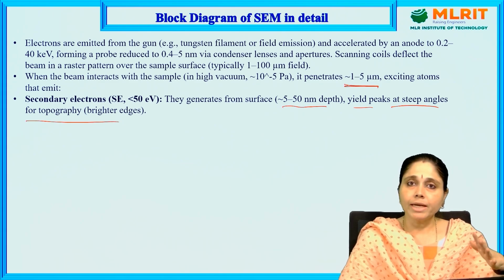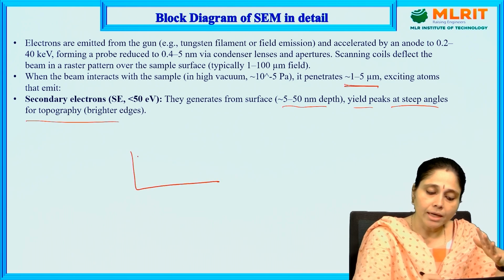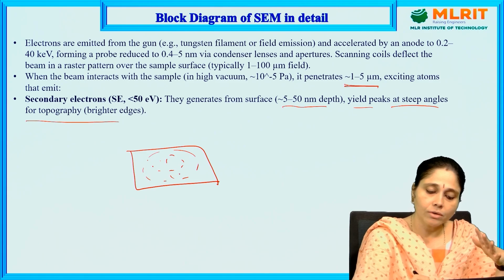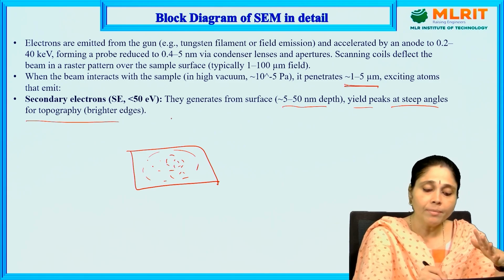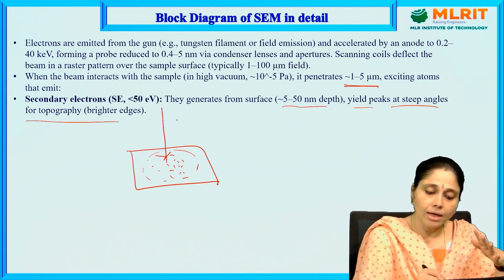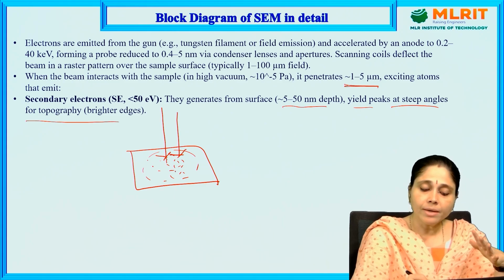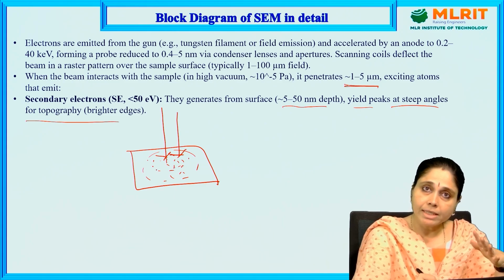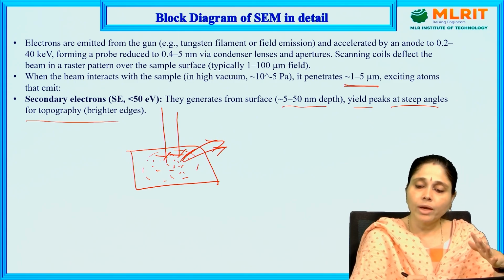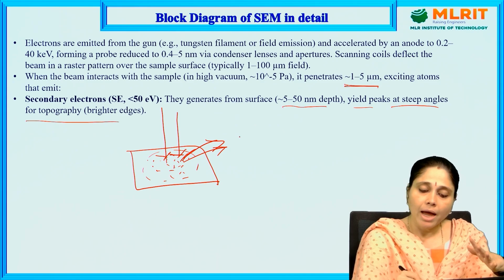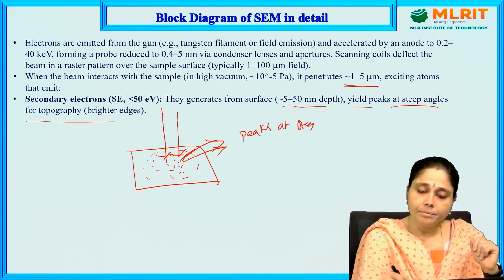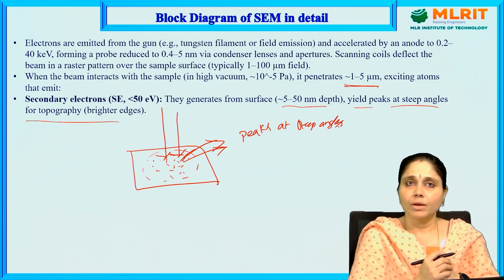Secondary electrons means the electrons situated on the surface of the specimen. When the electrons are incident on the surface, these electrons get activated by the incident electrons and move out. This yields good peaks at steep angles, for topography or bright edges.